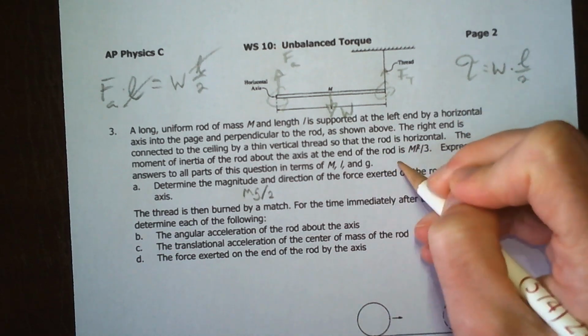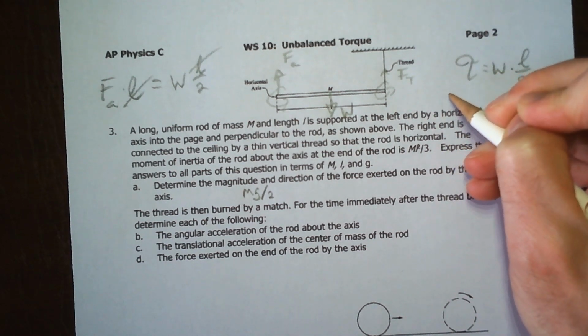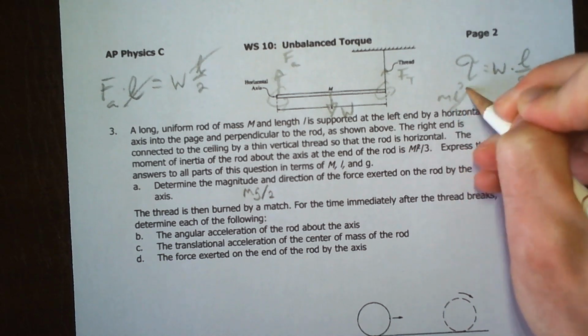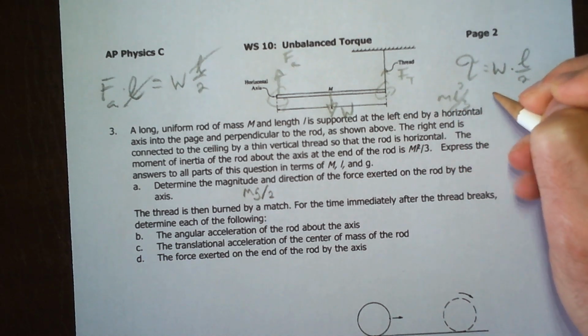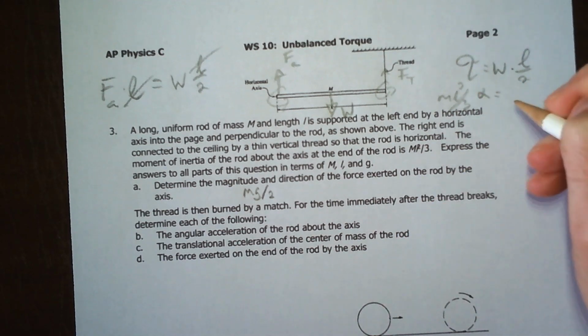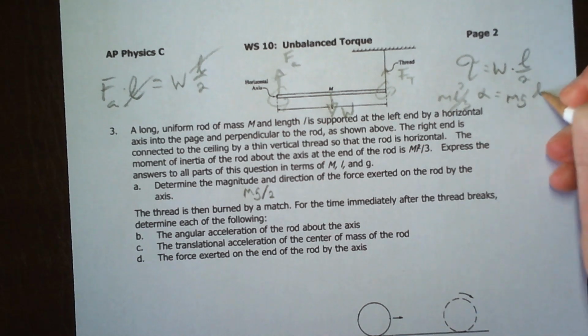And they tell me what I is about the end. So that's going to be L squared over 3 times alpha. We're trying to find the angular acceleration. And that's going to be equal to mg L over 2.